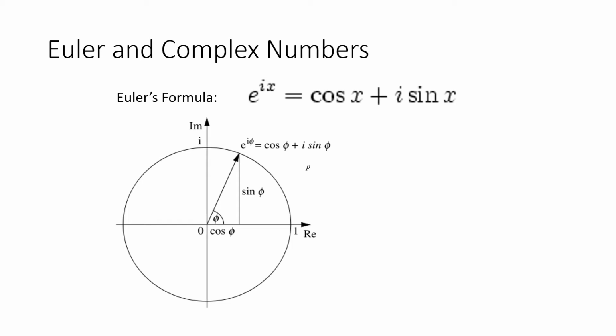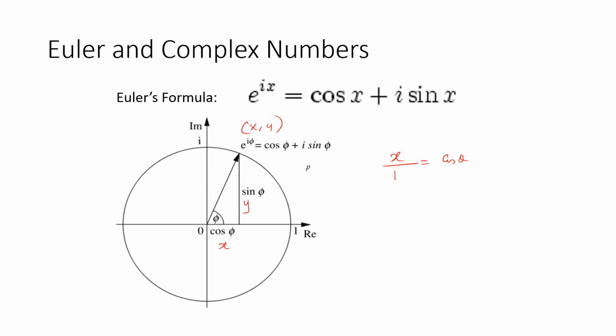If we take a unit circle, any point on the unit circle can be taken as a complex number x comma y. Suppose I take this point as x, y; this is the x distance and that is my y distance. If this angle is theta or phi, then x divided by the hypotenuse, that is the adjacent side, is equal to cosine theta, so x is equal to cosine theta.